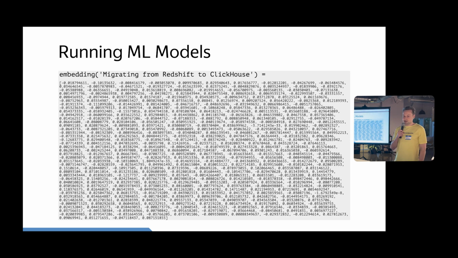And embeddings look like this. Let's suppose we have a function named embedding. We put a short sentence or a paragraph into this function and get this vector. It is quite large. And in this case, guess how many dimensions do we have?